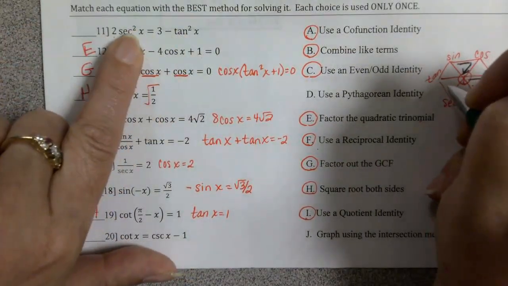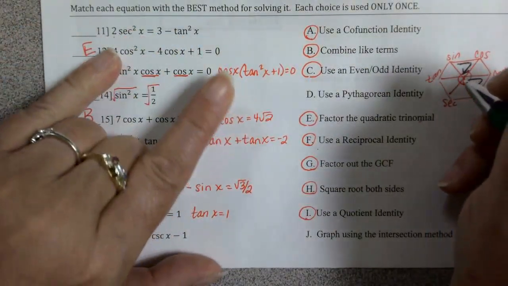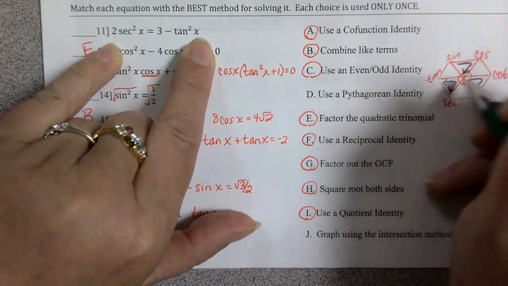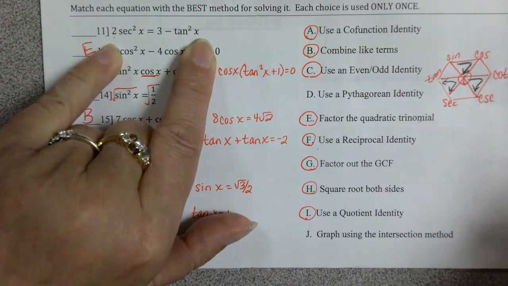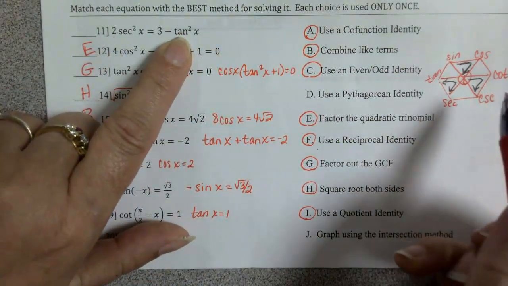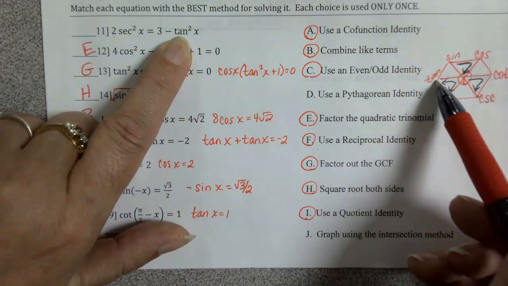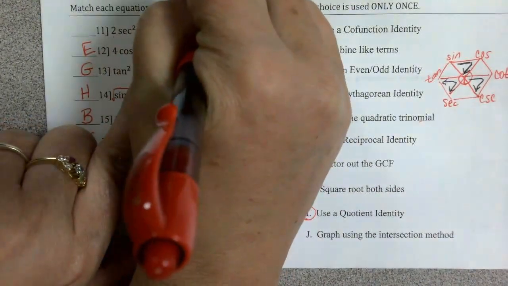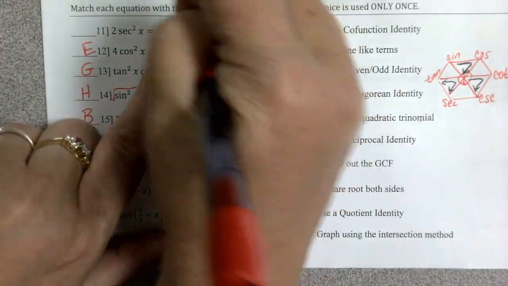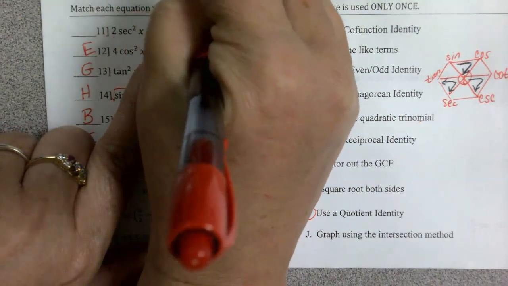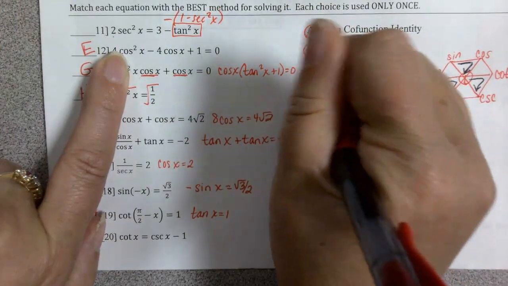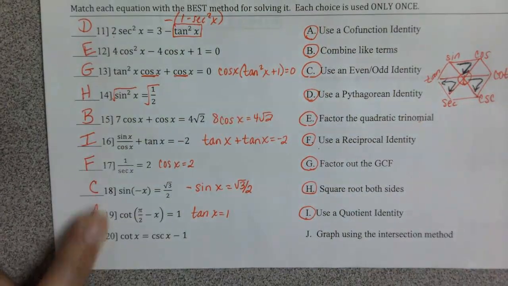And then the one that we're going to use here in number 11, in order to get the same trig function, is the Pythagorean identity tangent squared x plus 1 is equal to secant squared x. So we would be substituting that identity in here for tangent squared x. We would replace that with secant squared x minus 1, and then our whole equation would be in terms of secant. And that would be D using a Pythagorean identity.